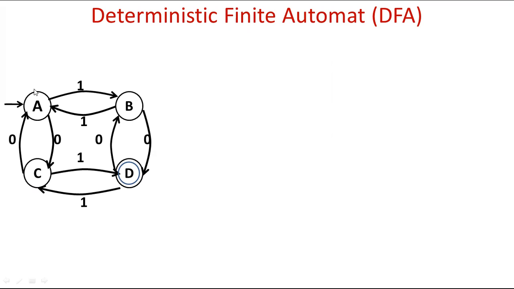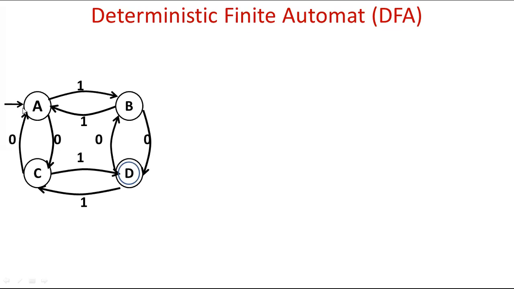Here, if you notice, there are some differences between state A and state D. In state A, we can see an arrow coming from nowhere into state A. What does this mean? It means that state A is the starting state, the initial state of the deterministic finite automata.